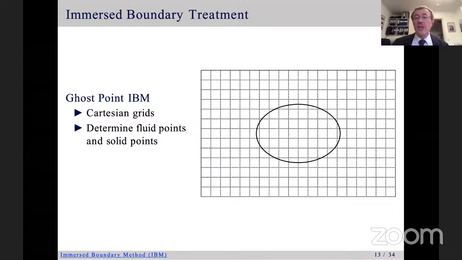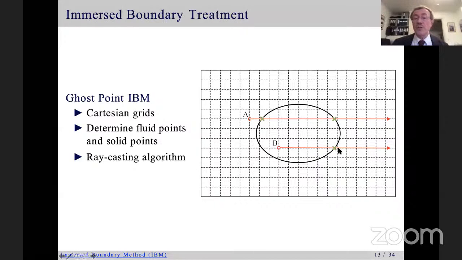Let us take an elliptic body that is then immersed in this Cartesian grid. What we do is we determine for each grid point whether it is a fluid point or a solid point. So this ellipse here is our solid body, and we use the ray casting algorithm for that.